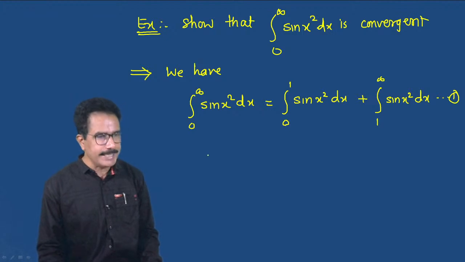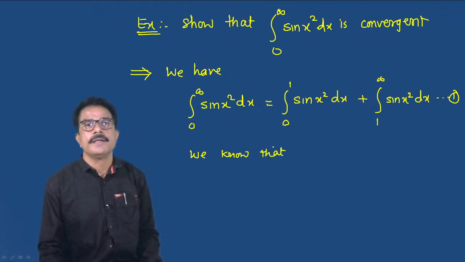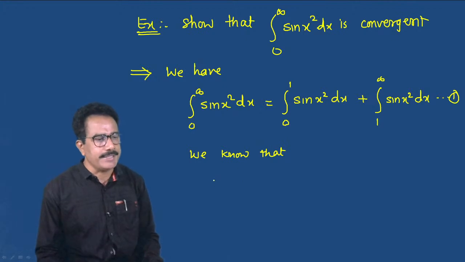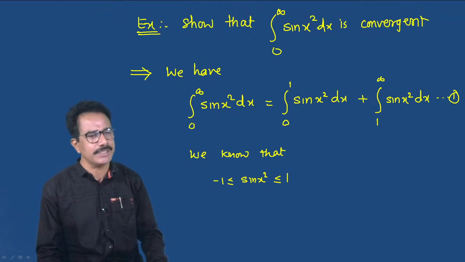But we know that minus 1 is less than or equal to sin of x square, which is less than or equal to 1, because it is a bounded function.